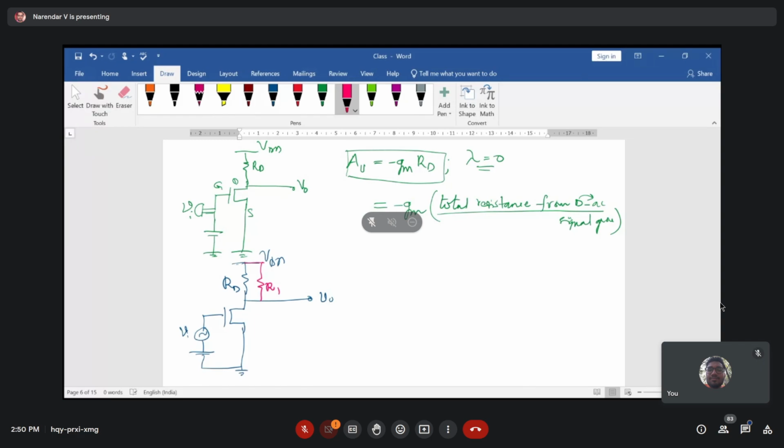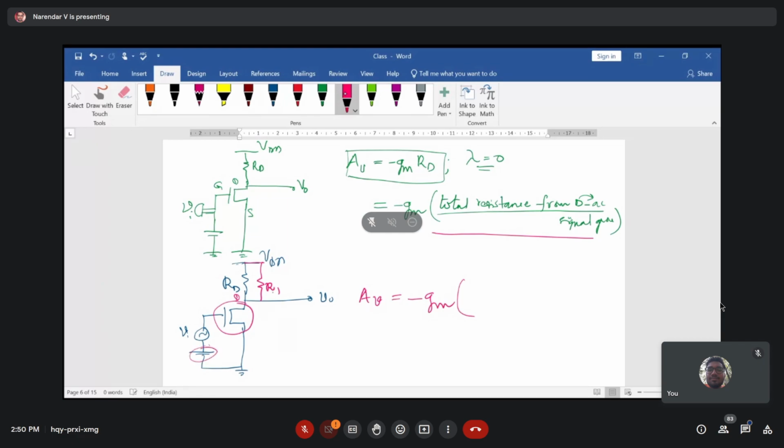Now what is the gain of the amplifier? Will you be able to analyze it? From this statement, you can write minus GM, that is the GM of the transistor, into the total resistance tied from the drain terminal to AC signal ground. When you do AC analysis, this is connected to 0, this is connected to 0.